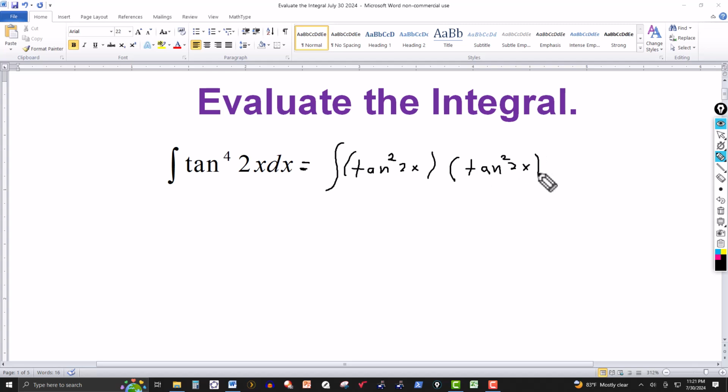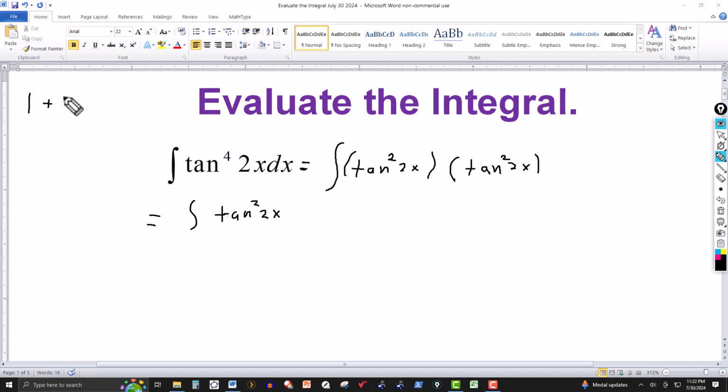We can't find a representation for tangent squared of an angle. That's why I wanted to do it this way. So this is going to equal the integral of tangent squared of 2x. And I'm going to replace this. Well, let me show you first.